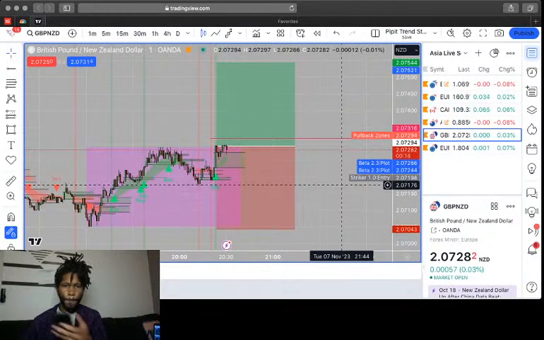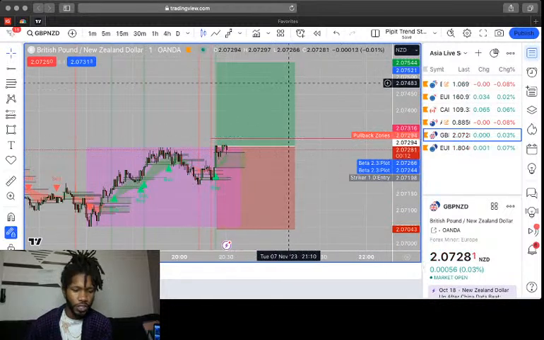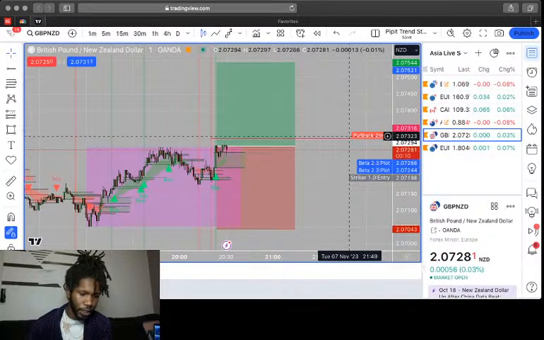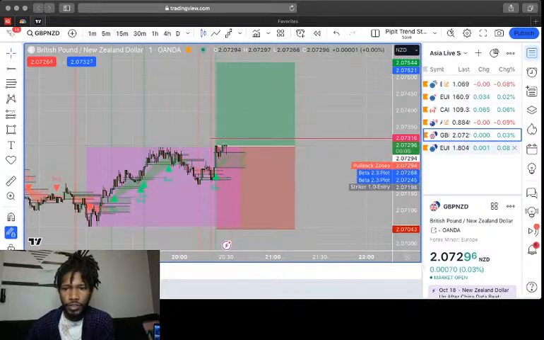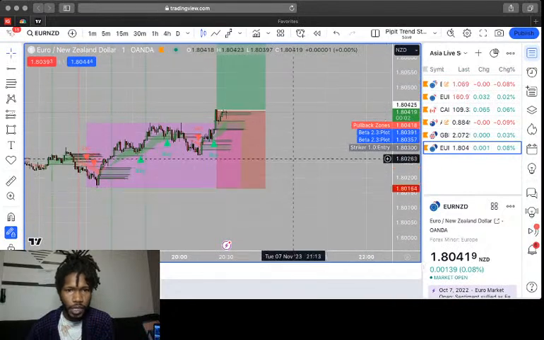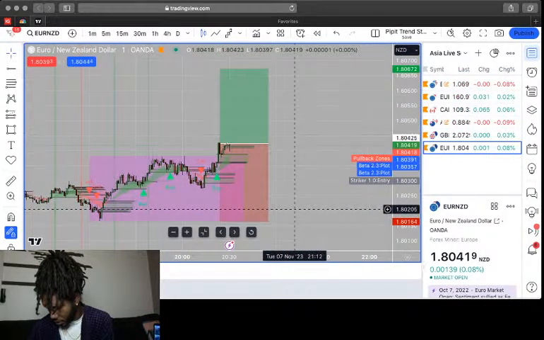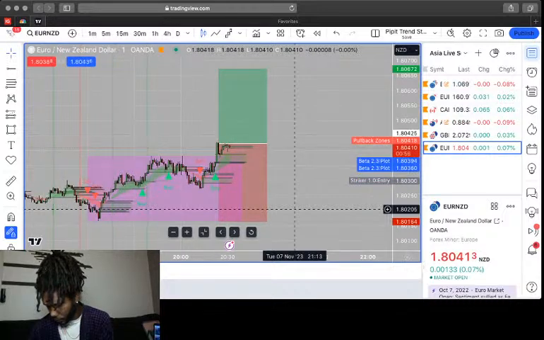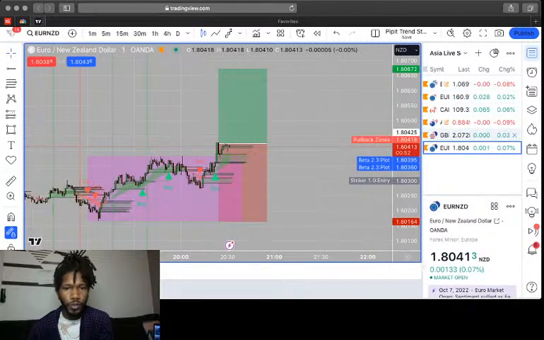It's all good. So we need a break above this and to continue to the upside. That'll be lovely. So we have GN, slowly but surely pushing up, and then we have EN to the upside. Yeah, I'm really focused on GN.